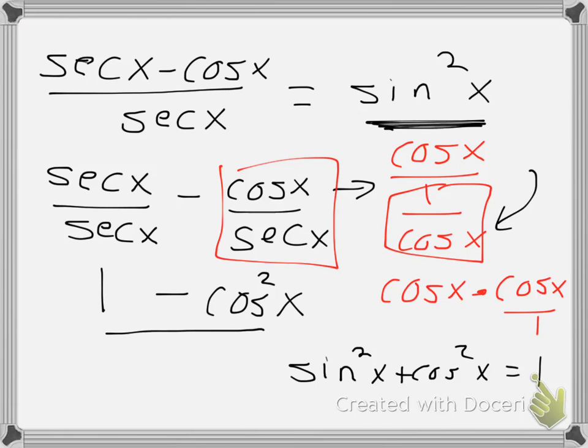I say, well, if I subtract cosine squared from each side, I'll have sine squared of x equals 1 minus cosine squared of x. And so what that allows me to do is, now that I have a matching part, according to my identity, sine squared of x is equal to 1 minus cosine squared of x.